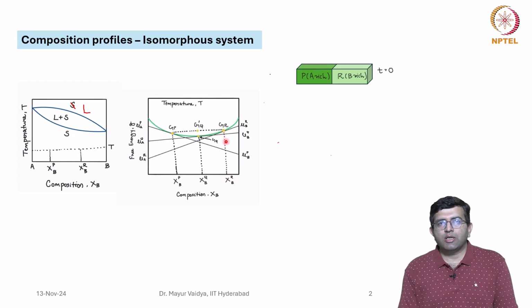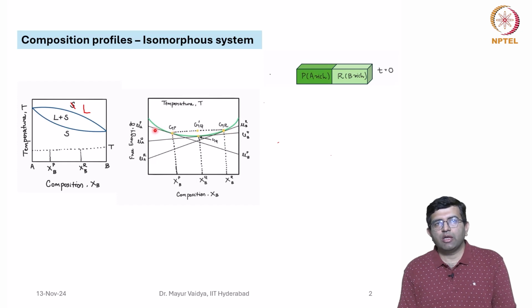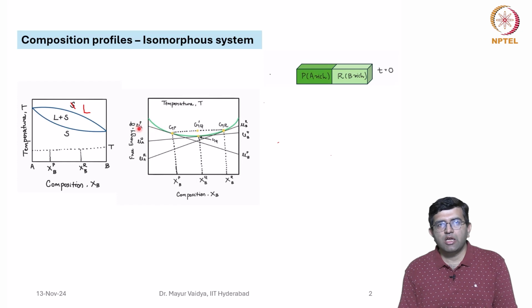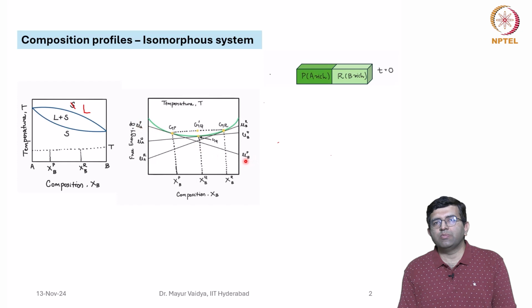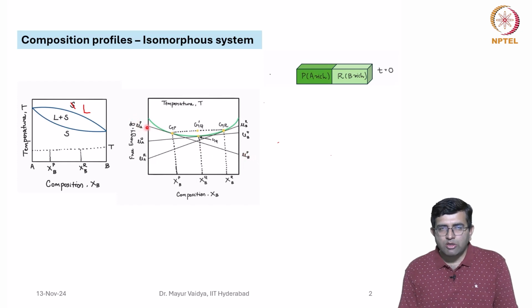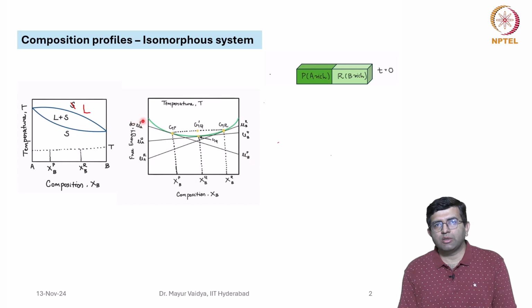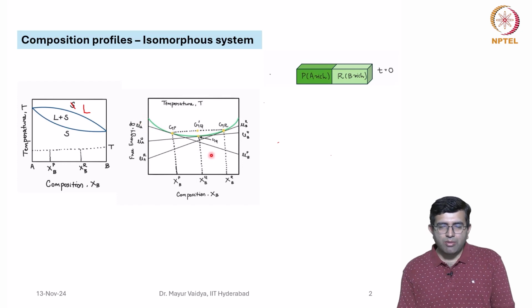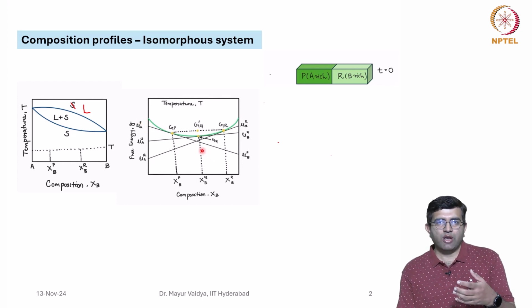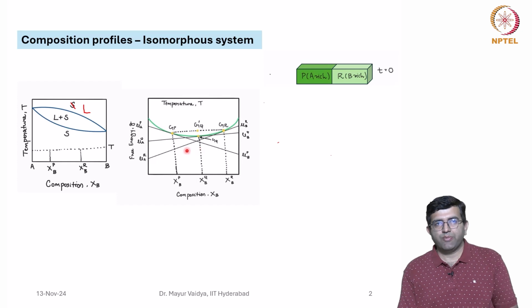To know the chemical potential, we draw the tangent at this alloy P. Where it intersects the A axis, this gives us mu A in the alloy P, and this is mu B in the alloy P. The reason I have written P is because P is a single phase, so just to distinguish, I have written P. But please remember that chemical potential is always defined for a component in a particular phase.